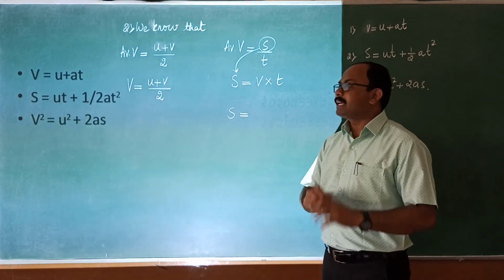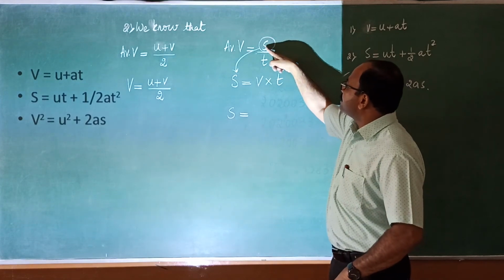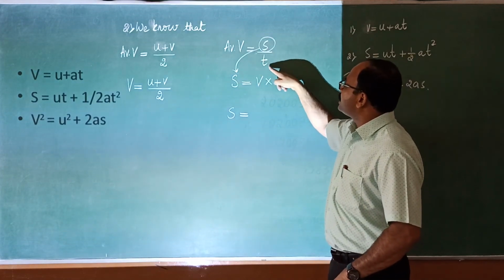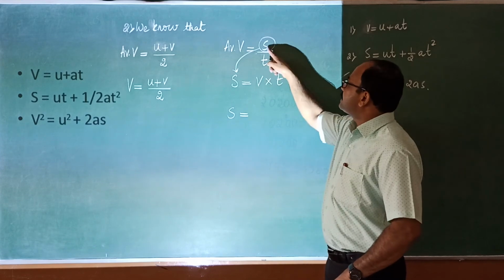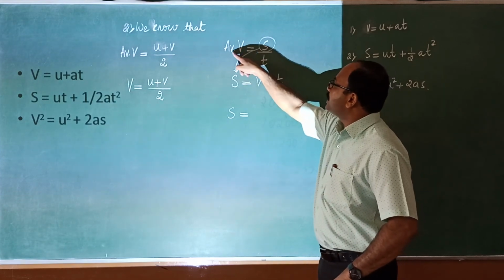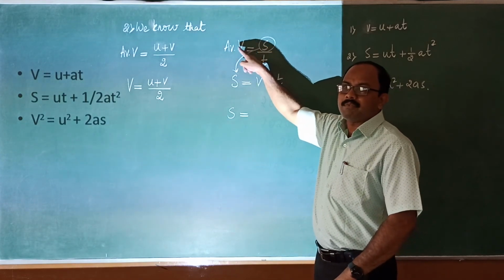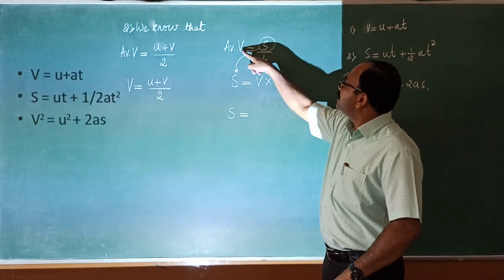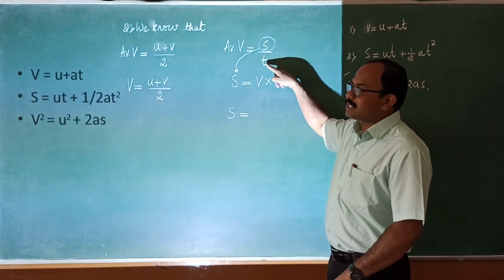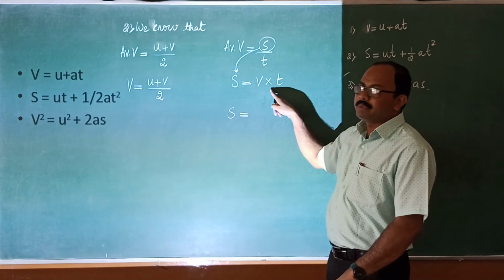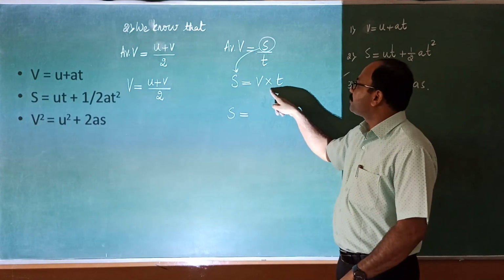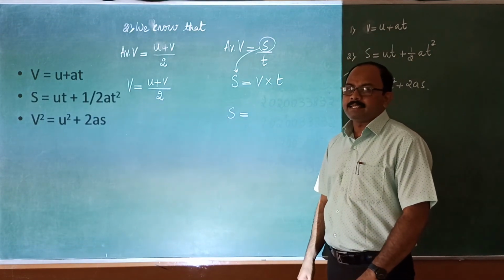See the changes that I make here, children. s is equal to v into t. Average v means just v, children. By cross multiplication I have taken v into t. I hope this step is clear to you. Now, listen carefully.